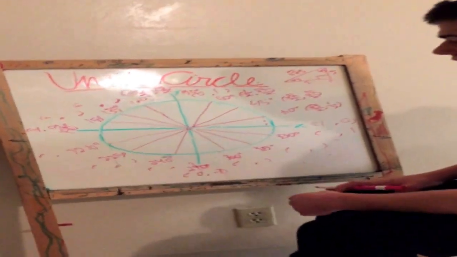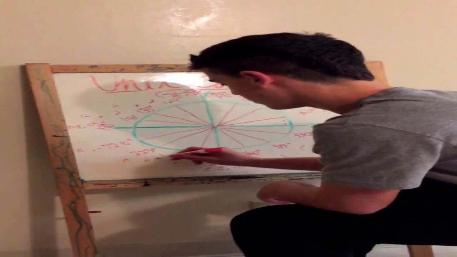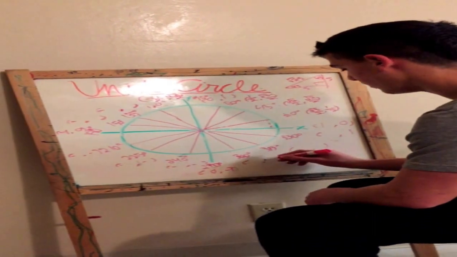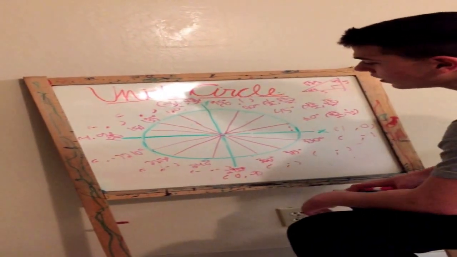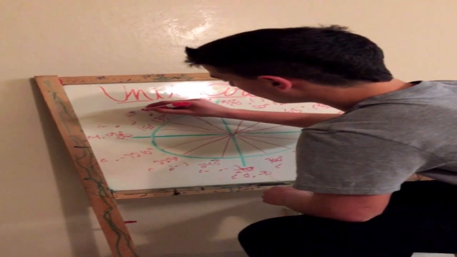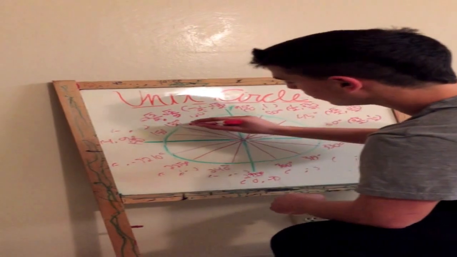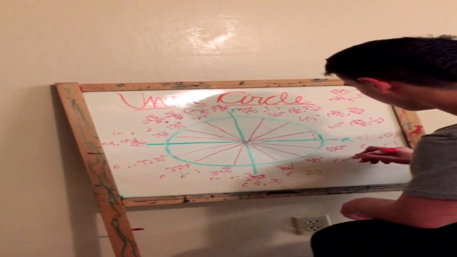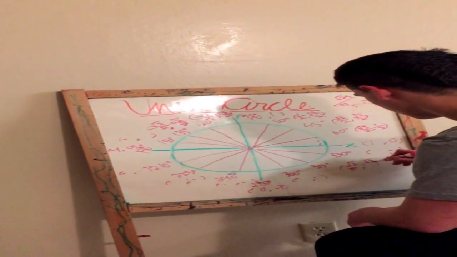And then for here, both are going to be negative. And here, just the y value. For all of the 45-degree angles, 135, 225, and 315, they are just root 2 over 2, and then they have a sign, which is negative or positive.